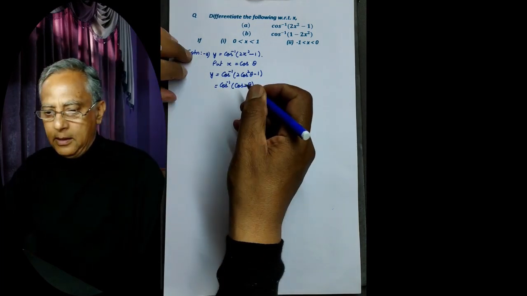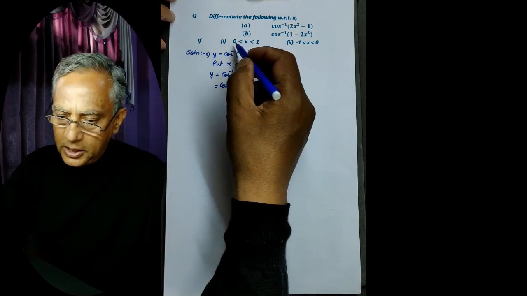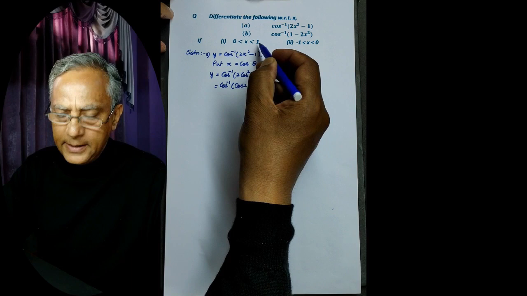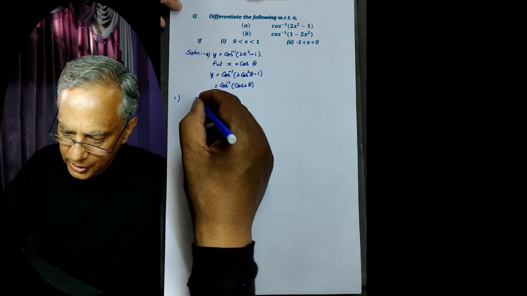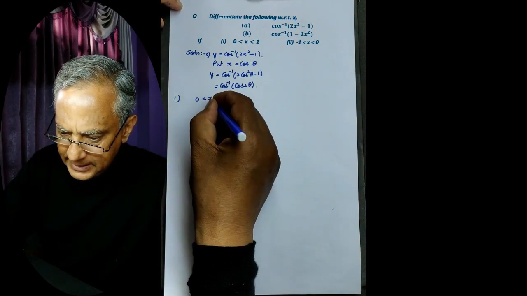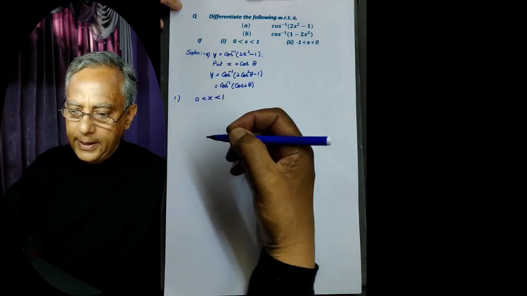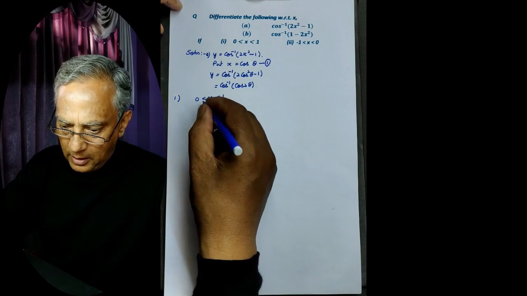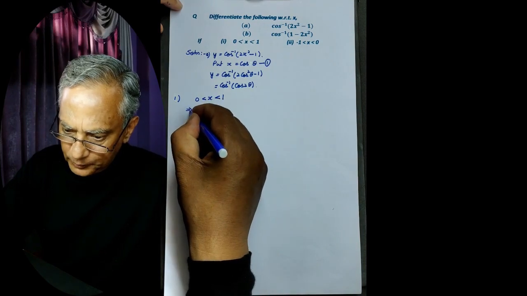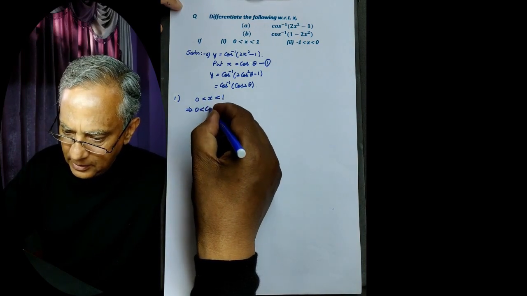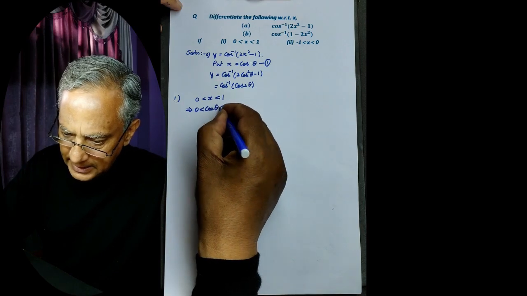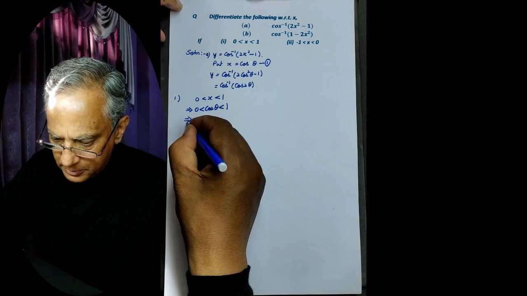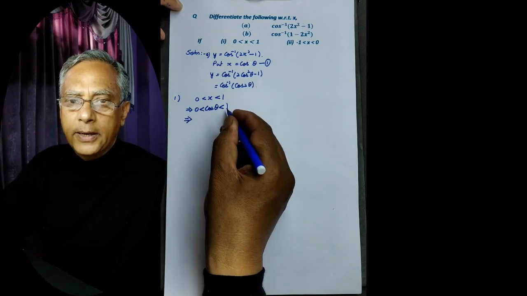And now there is a condition on x. x lies between 0 and 1. 0 is less than x is less than 1. This implies 0 is less than cos theta is less than 1. Now cos theta lies between 0 and 1.